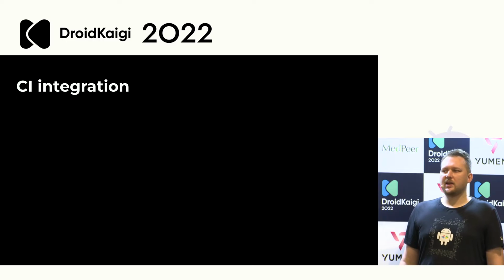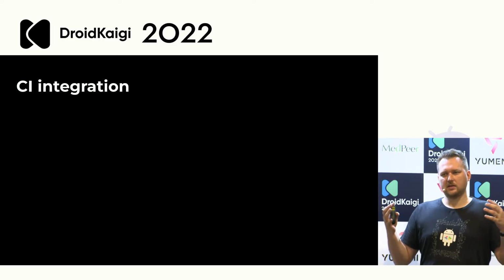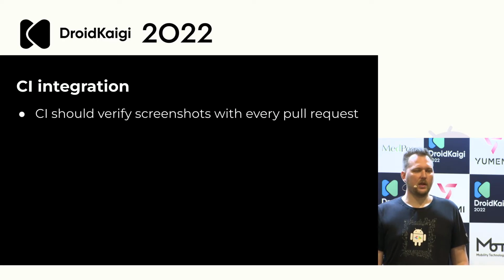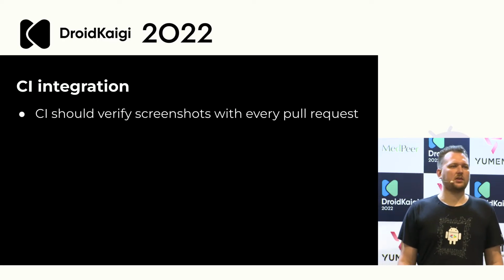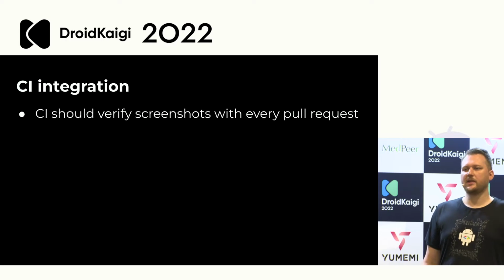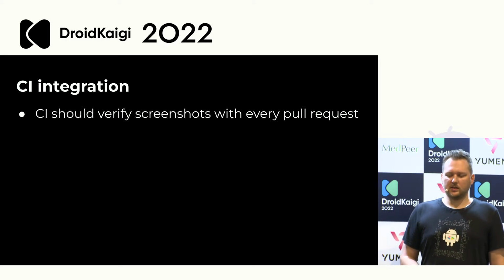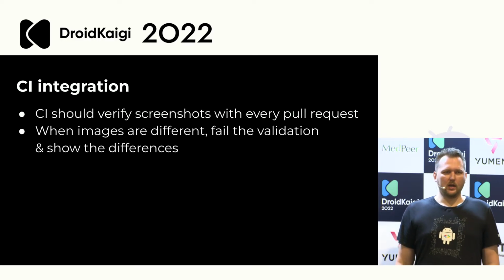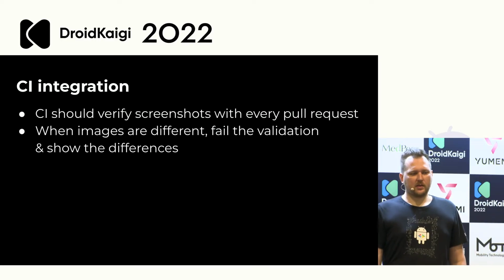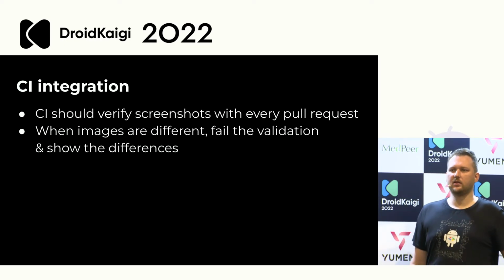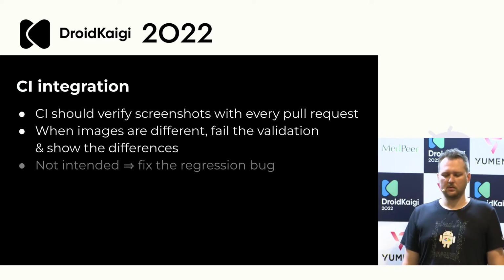So now let's talk about CI integration, how to integrate this into your development process. I think CI should verify the screenshots with every pull request, so you never break your screenshot testing. And in the pull request, when the images are different, it should fail the validation of the pull request and somehow show the differences in the images.